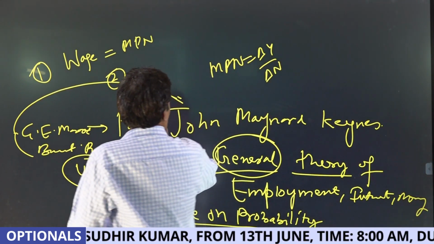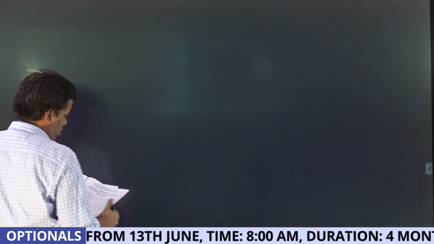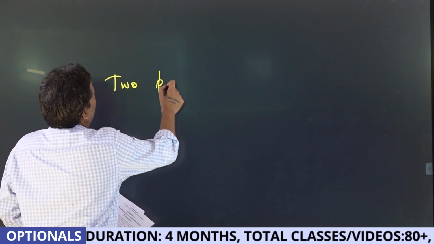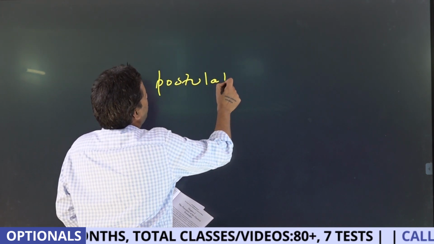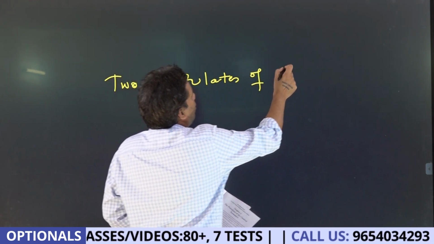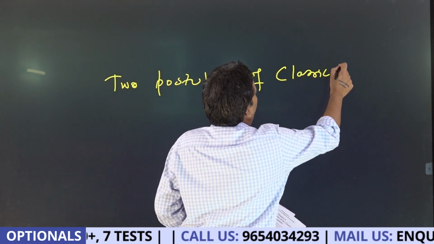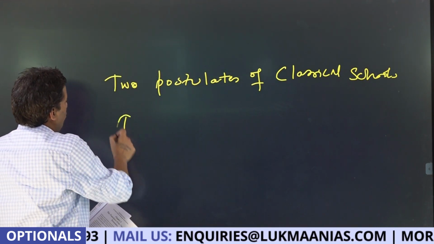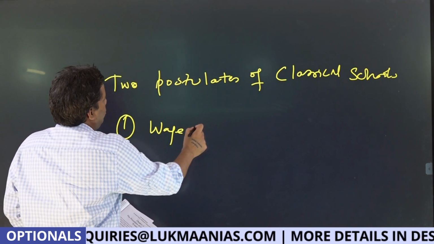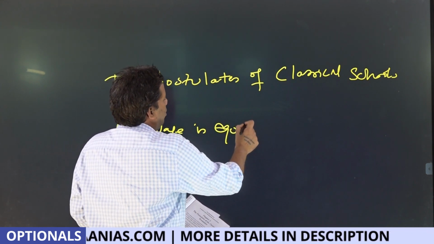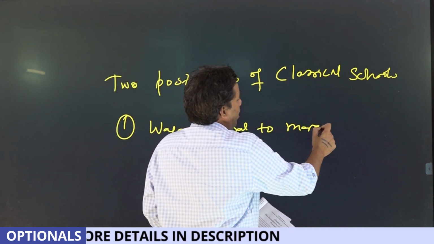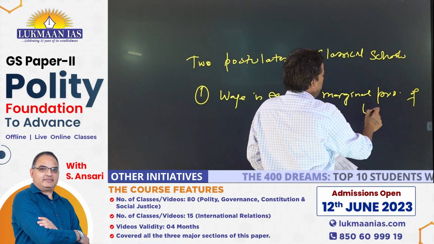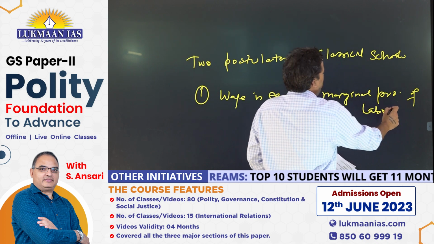Let me write this so that you can note it down. Two postulates of the classical school. Number one, wage is equal to the marginal productivity of labor.